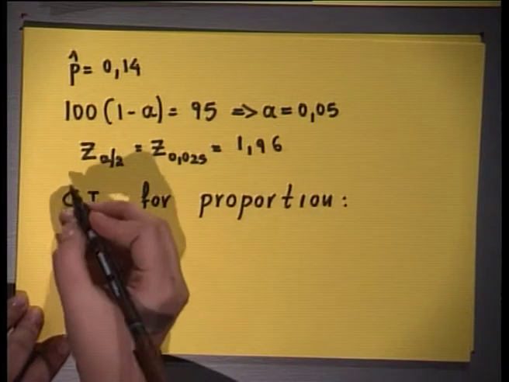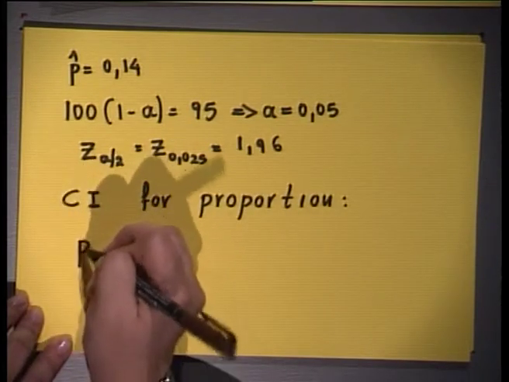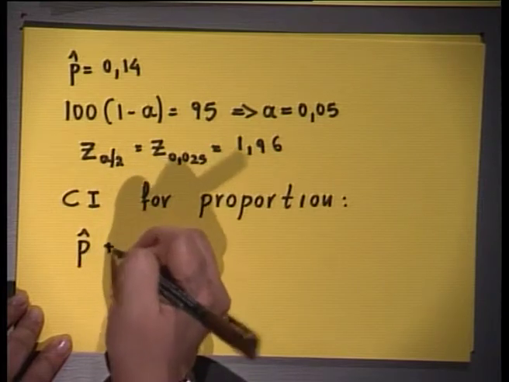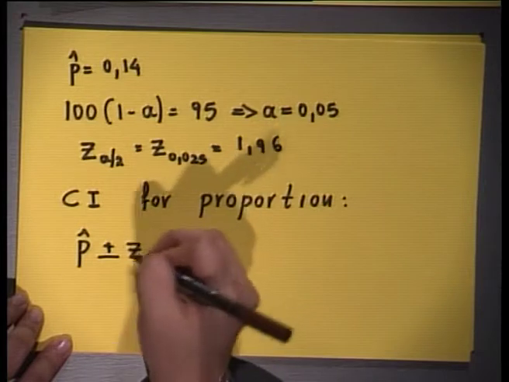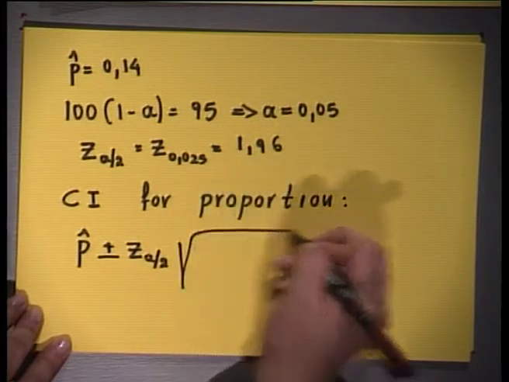And so the 95% confidence interval for the proportion is given by the estimate of the proportion, replacing the value of the normal distribution.